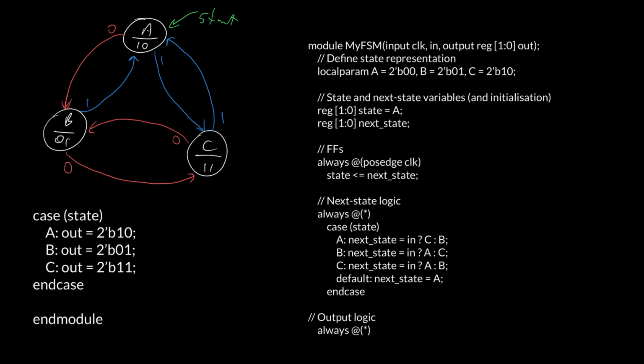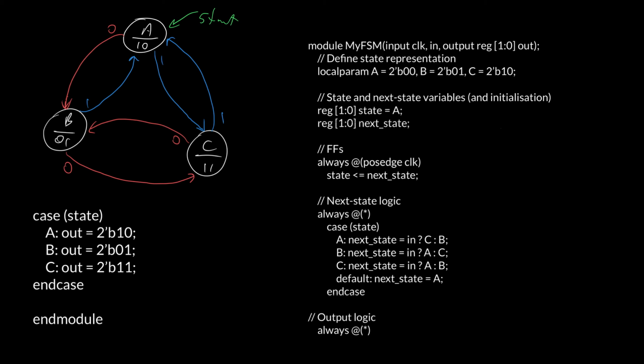If we're in state A and the input is a 1, we go to C. If we're in state A and the input's a 0, we go to B. And we correspondingly work out where to go if we're in states B and C. Always include a default statement, and normally the default action is simply to return to the initial state. That's the next state logic. The output logic, same principle. Depending on what our state is, determines what our output is going to be.